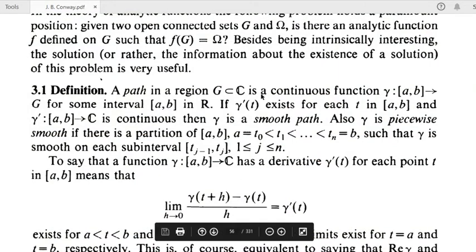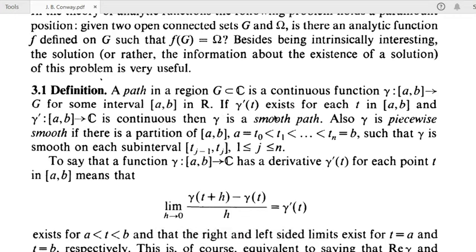The next definition is what a smooth path is.